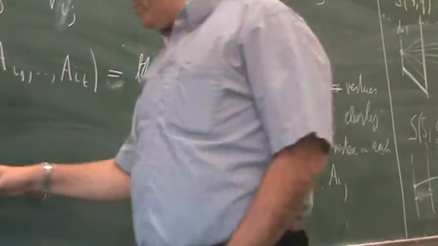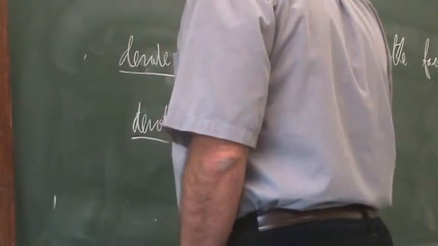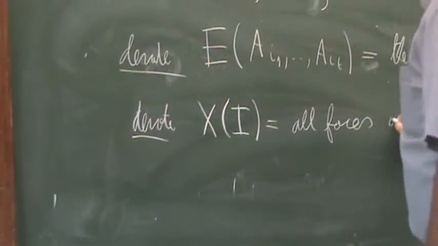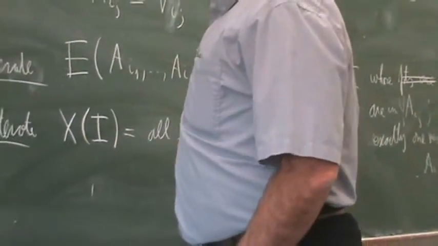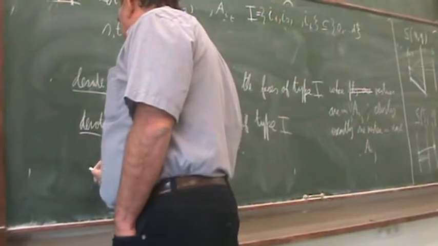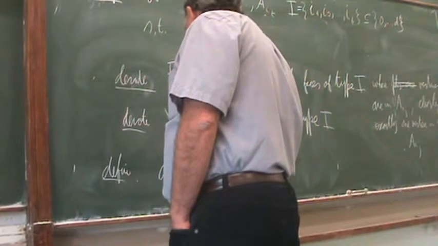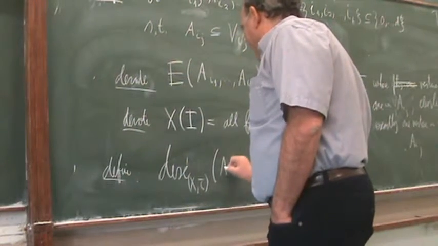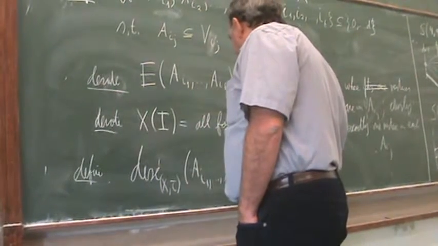Okay, and denote X_I, this is the set of all faces of type I. And I want to define the discrepancy with respect to X and tau, of the set A_{i1} up to A_{it}.